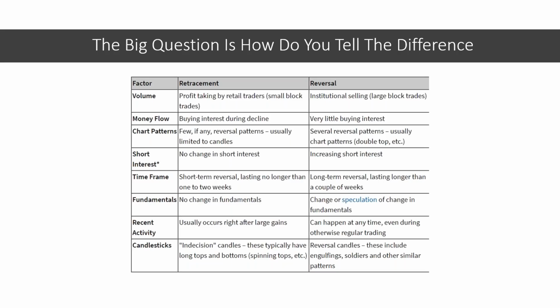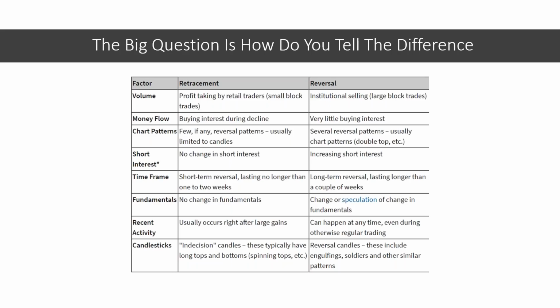If it turns around from a retracement, or it turns around from reversal and starts to move back up, if the buyers aren't jumping back in the market, then it's really just a little hitch in a reversal. So we want to look at volume.